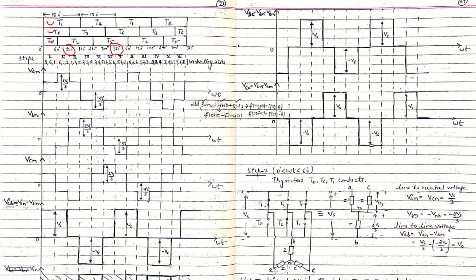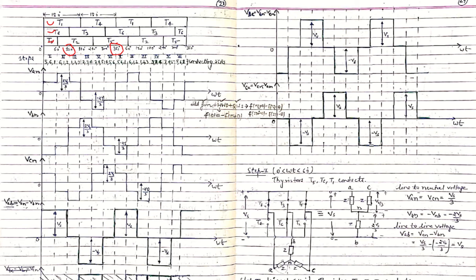The A phase is connected to the supply positive through T1, and the C phase is connected to the plus side of the supply by thyristor T5. So A and C phases are connected to positive supply through T1 and T5, but the B phase is connected through T6 to the negative supply.